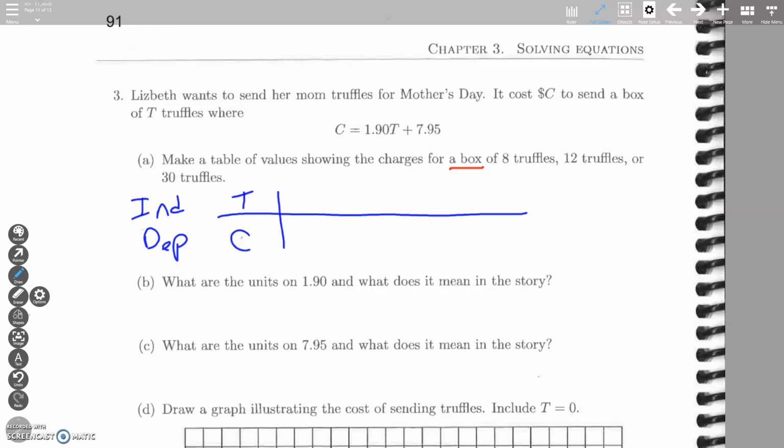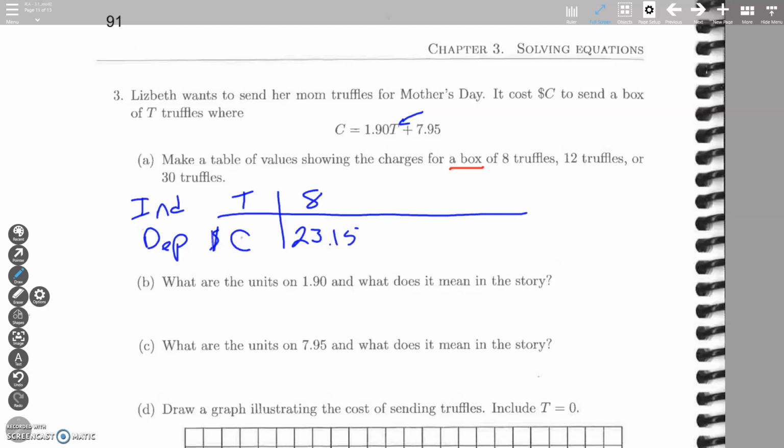Okay? So we're going to start with 8 truffles, and the way we can find that is by putting 8 into the equation for T, and we end up with 190 times 8 plus 795, and if you do that, we will get $23.15, since this was actually dollars.